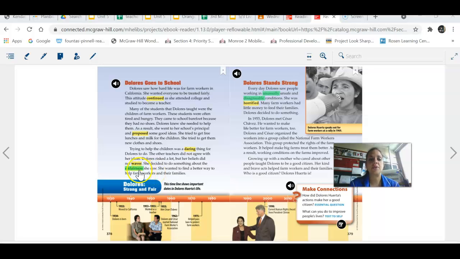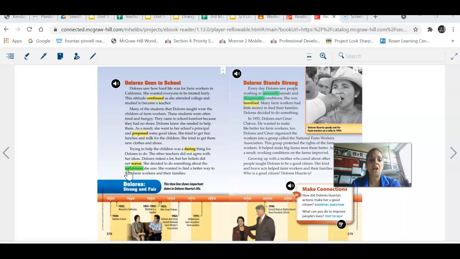"She decided to do something about the unfairness she saw." Okay, so ness means the state of something. Un means not, and I know I can take that off the word. So our root or base word is fair. If you're fair, it means you're treating someone the same.